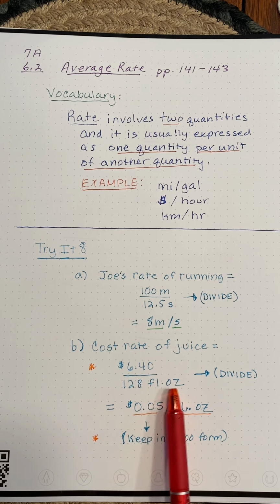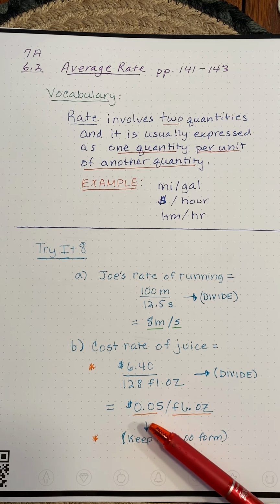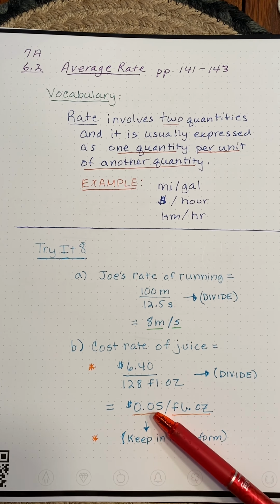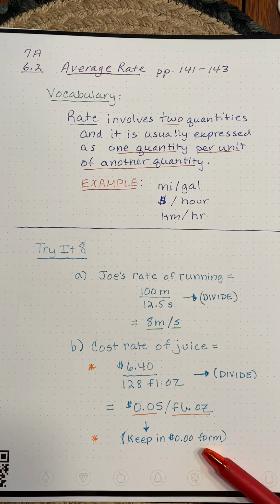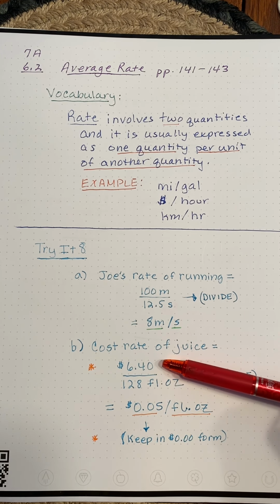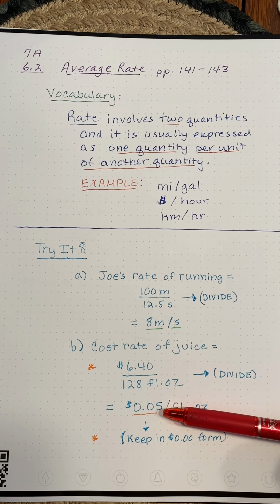So it costs that much money for all of that. You divide. You, again, do it on your calculator. And you come up with 0.05, which is 5 cents per fluid ounce. Keep it in this form, the 0.00 form, because you use dollars and cents here. You would use dollars and cents in your answer also.